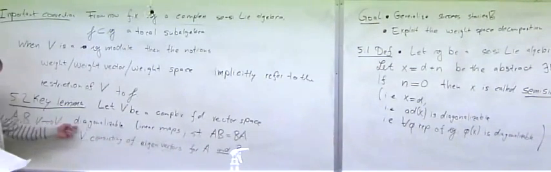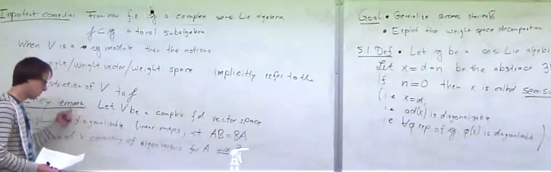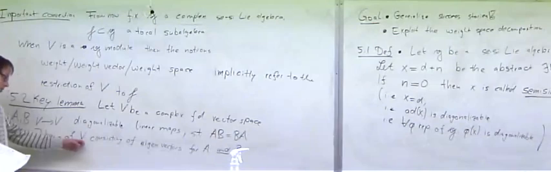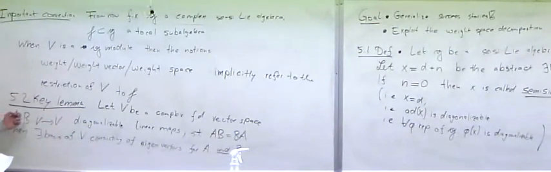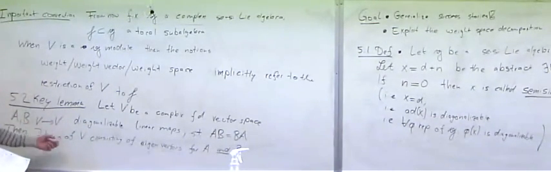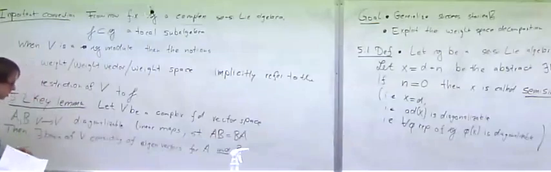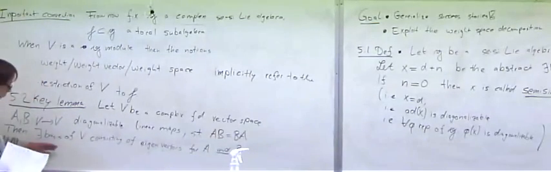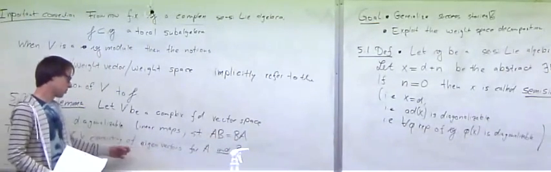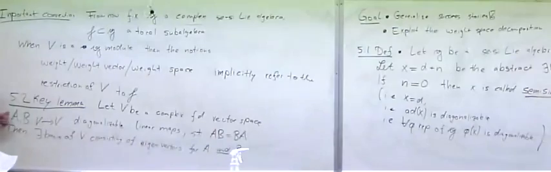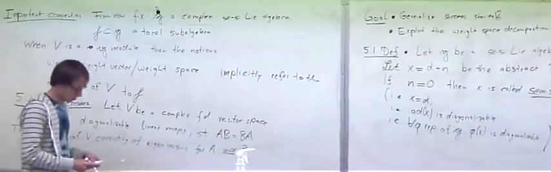By definition of diagonalizability, there is a basis of V consisting of eigenvectors for A, and also there is obviously a basis consisting of eigenvectors for B, but it's not clear whether there is a basis consisting of eigenvectors for both A and B simultaneously.